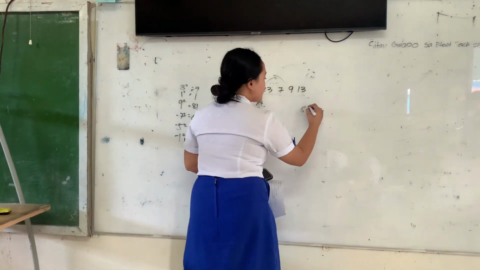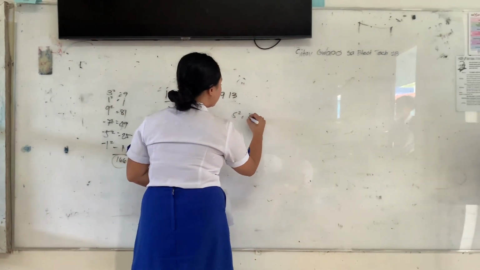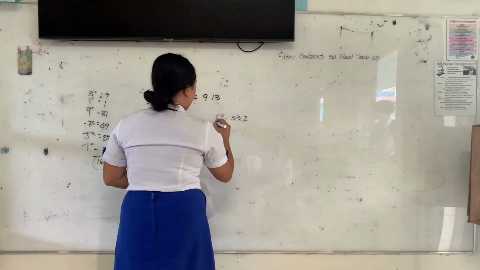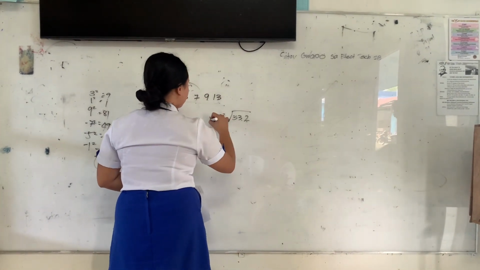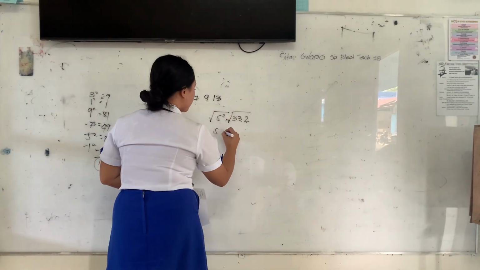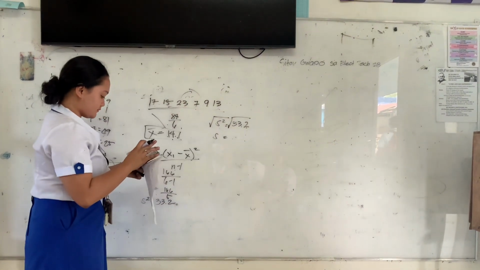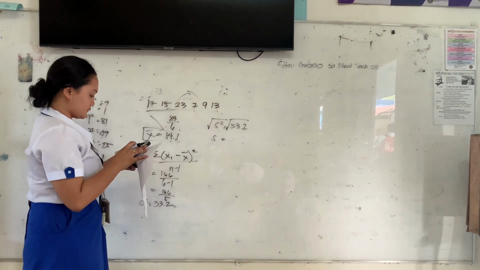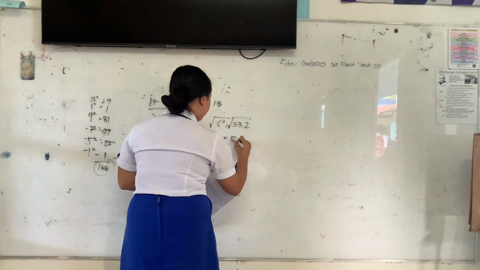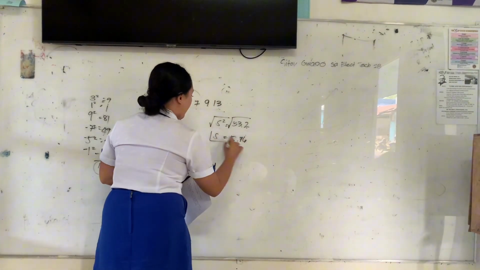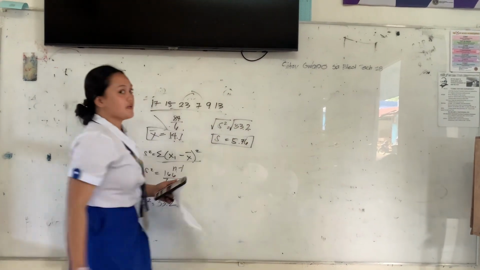So s squared equals 33.2, then the square root: s equals 5.76, and this is our standard deviation.